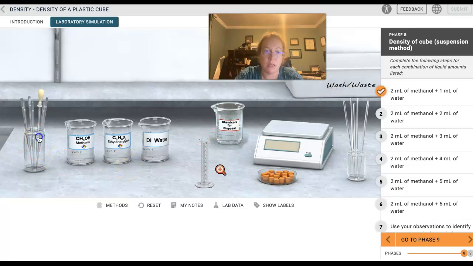Next one. Again, 2 milliliters of methanol. Then now we're at 2 milliliters of water. Take our stir rod, stir it. Okay, and it sinks.